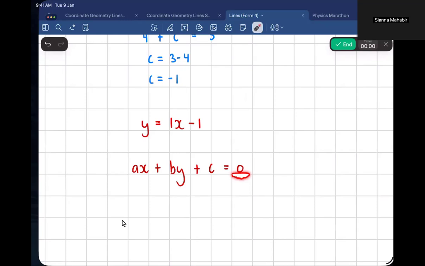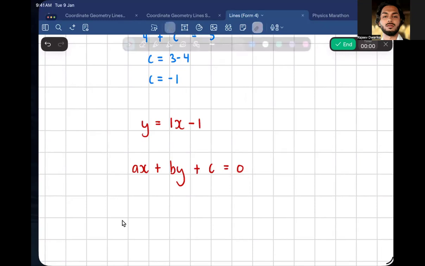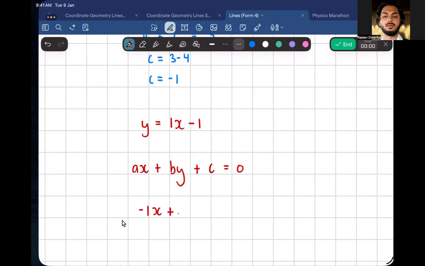So, to write the answer in that form, this is all we're going to do. Stay with me. You see this 1x? I'm going to move it across, so that turns to minus 1x. We already have y over there, so that's just plus 1y. And c is a constant.